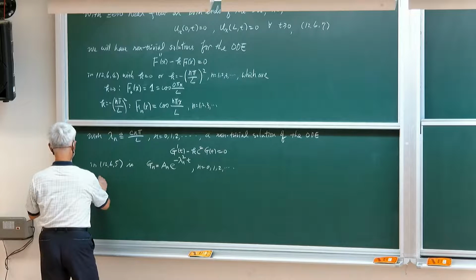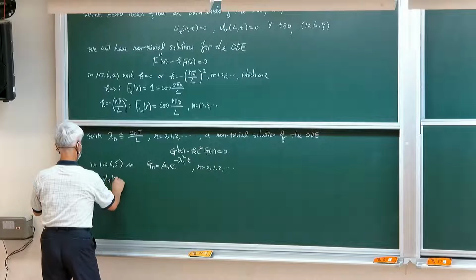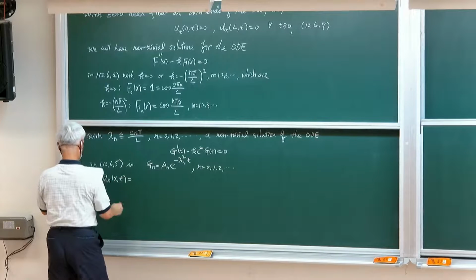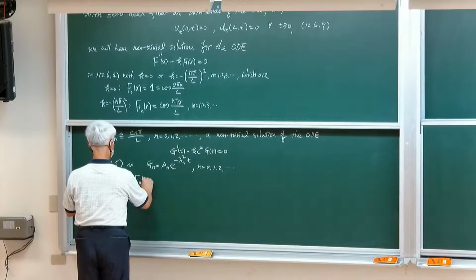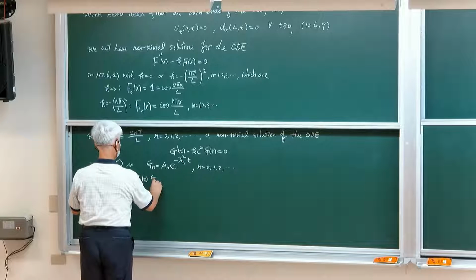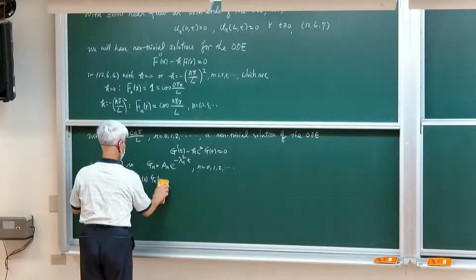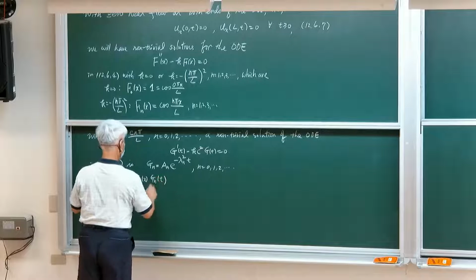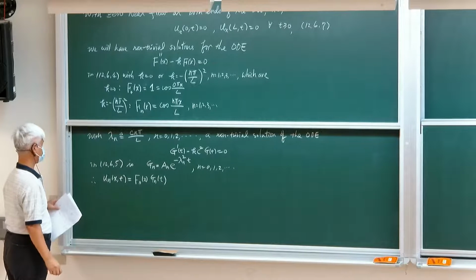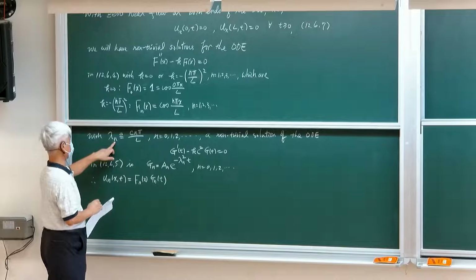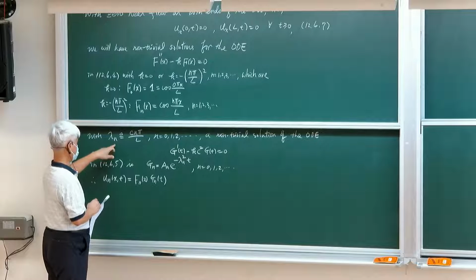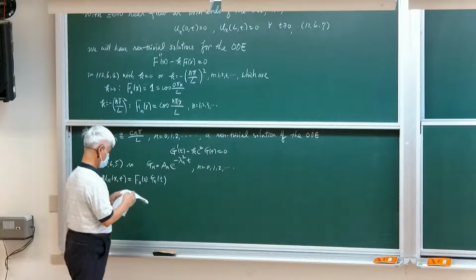Now we multiply the corresponding solutions of the two ODEs corresponding to the nth eigenvalue, lambda sub n.